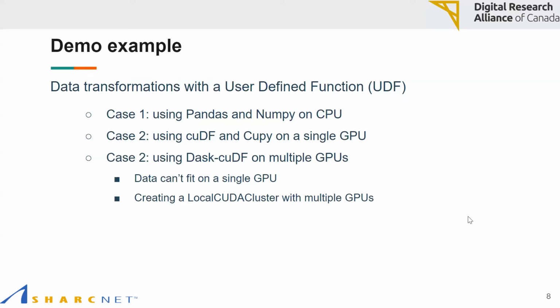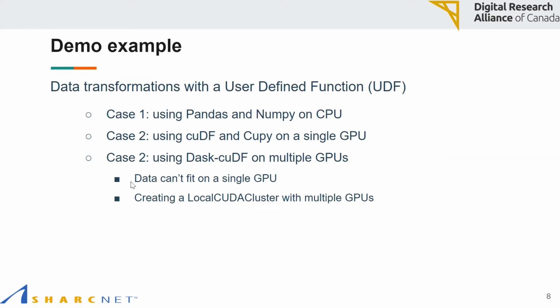Both case 1 and case 2 will use the same data set, and it fits the single GPU memory for the demo purpose. Okay, and then case 3, sorry, I wrote wrong here. So case 3 here is to work on GPUs, but the example data set is about 9 times larger and cannot fit in a single GPU memory. Okay.